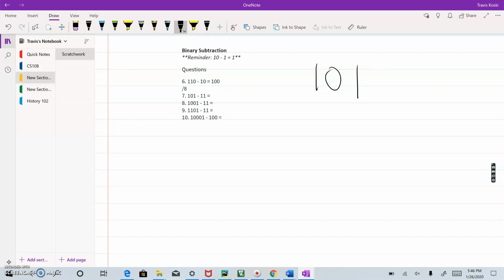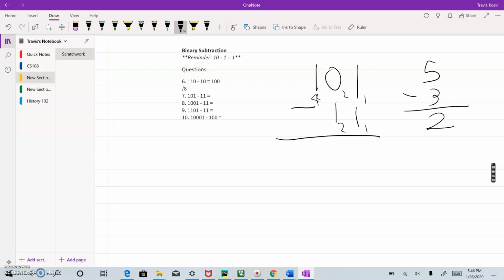1, 0, 1 minus 1, 1. Ones place, twos place, fours place. 4 plus 1 equals 5. 2 plus 1 equals 3. 5 minus 3 equals 2. Now, let's do this in binary. 1 minus 1, that's 0. Now, here's where it gets tricky. 0 minus 1, well, we're not dealing with negative numbers now. So what did you do back in second grade when you didn't know the concept of a negative number?